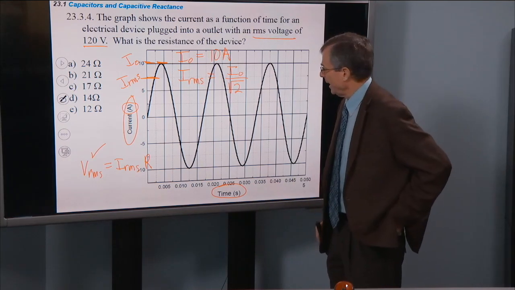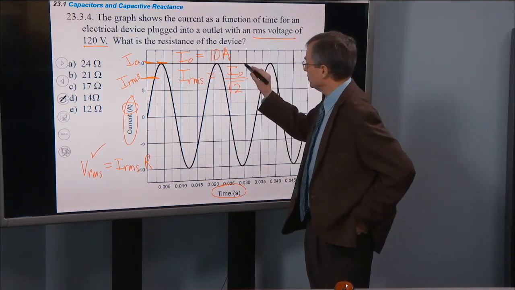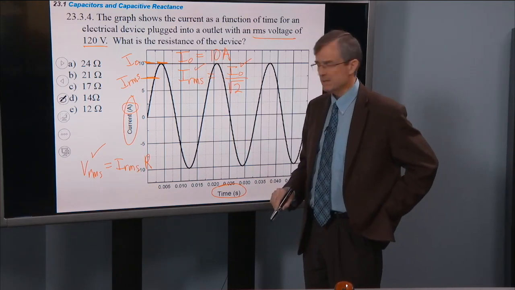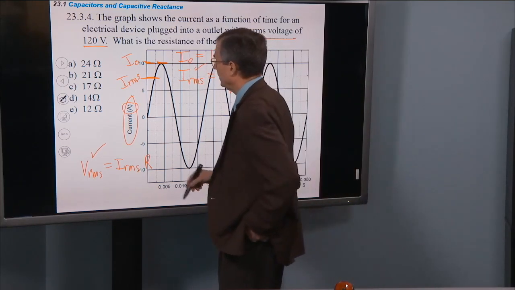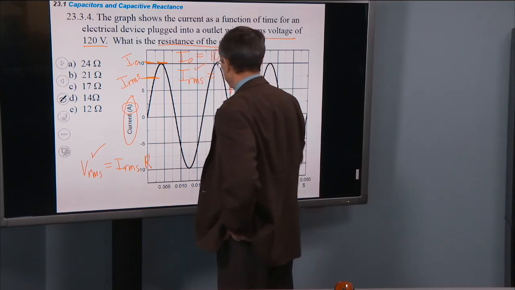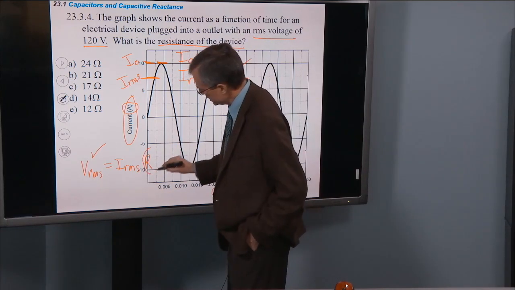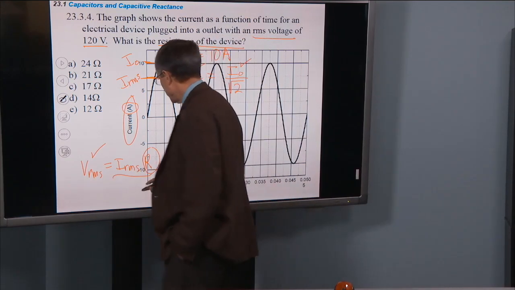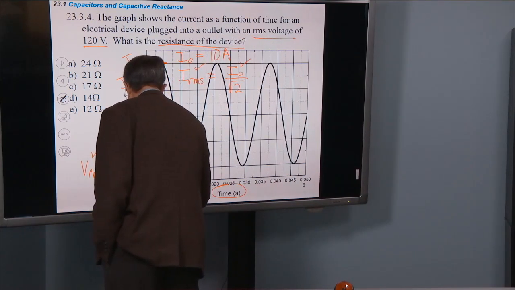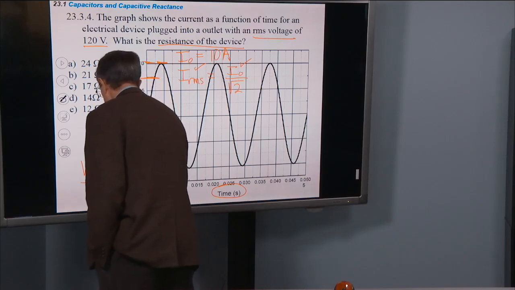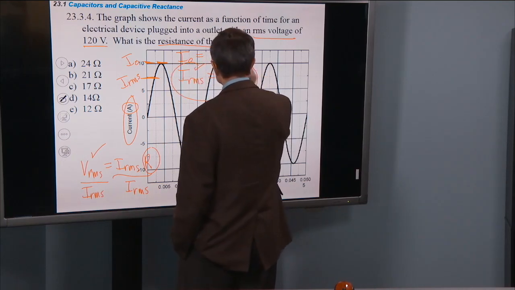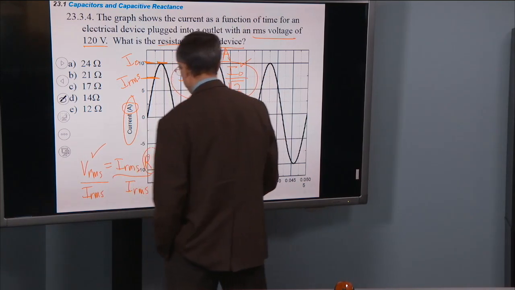All right, happy day. Now, since we know I naught to be 10 amps, we can calculate IRMS, and we can now calculate the resistance of the device. To find the resistance, we'll just appeal to this equation, divide both sides by IRMS, and then substitute this relationship for IRMS into here.